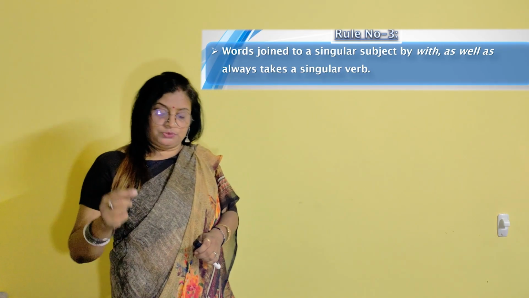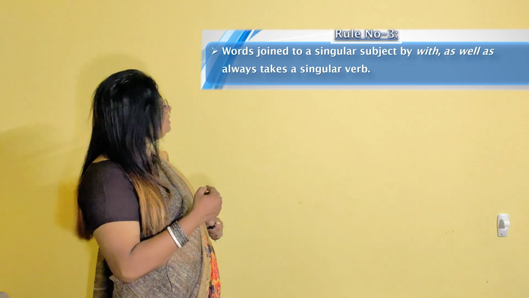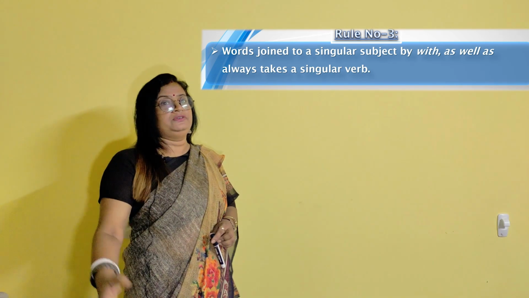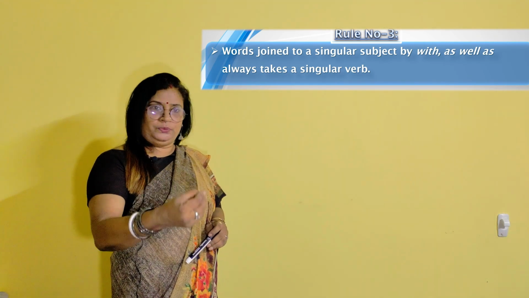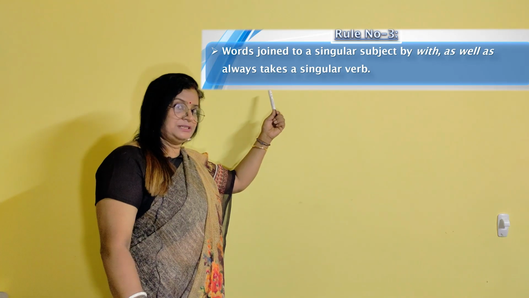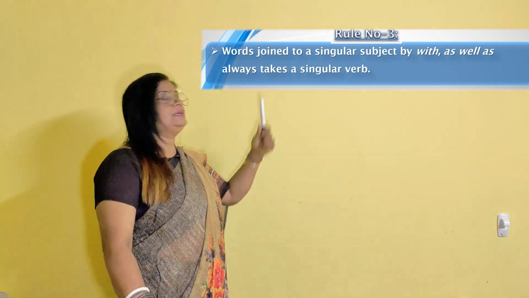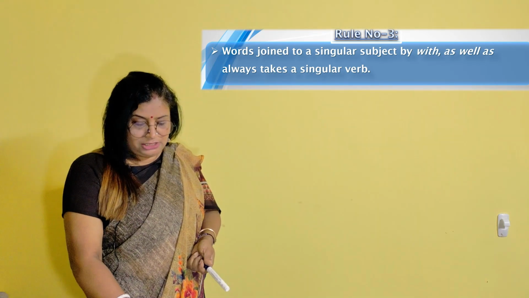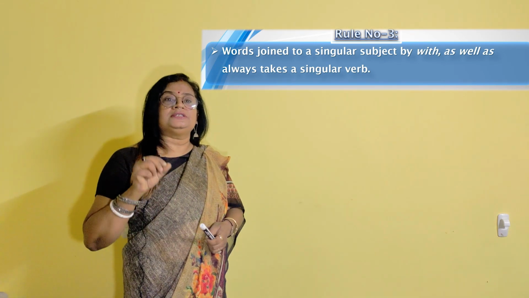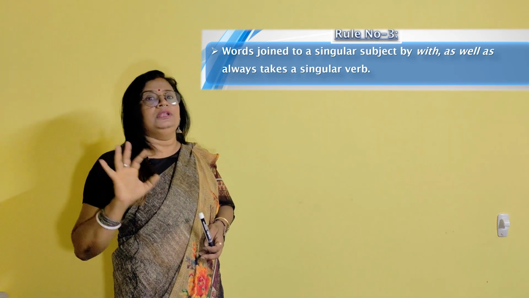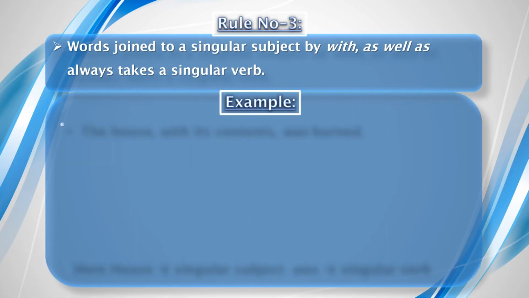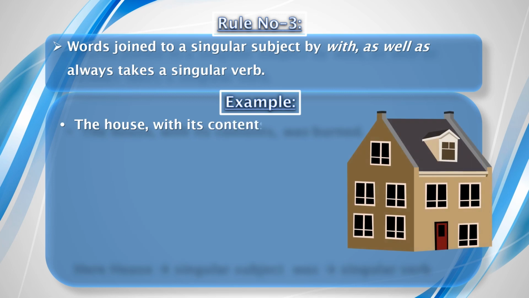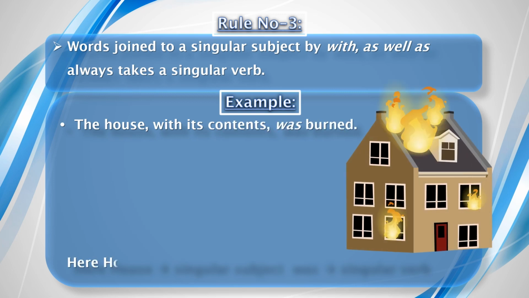So whenever you join words to a singular subject with with or as well as, you always use a singular verb. For example, the house with its contents was burned.